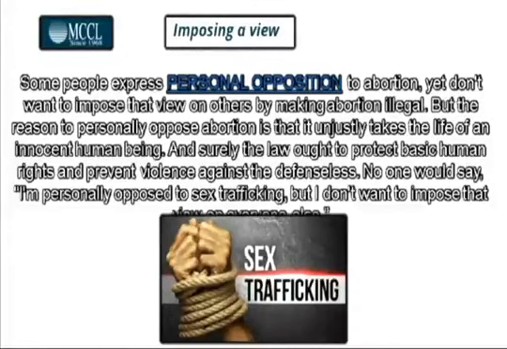But would you say the same thing about sex trafficking? Would you say the same thing about child molestation? Would you say, well, I don't believe in child molestation, but if people want to do that, that's up to them, I'll just keep my opinion to myself? Would you say that? No. Would you not voice your personal opposition to anything like that?